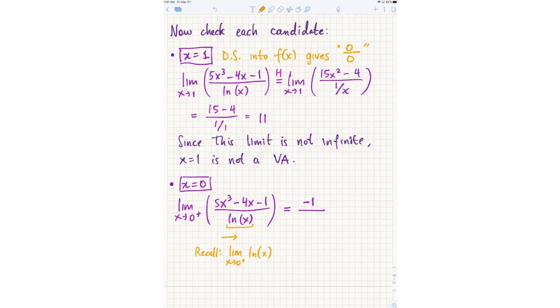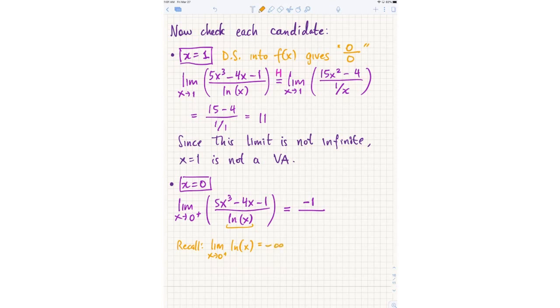The limit doesn't exist, that's correct, but it is a special type of not existing. What would you say is this limit, as x goes to 0 from the right, of just the denominator ln of x? Keep in mind, always think about the graph of ln of x. Negative infinity, right. So this limit here is negative infinity.